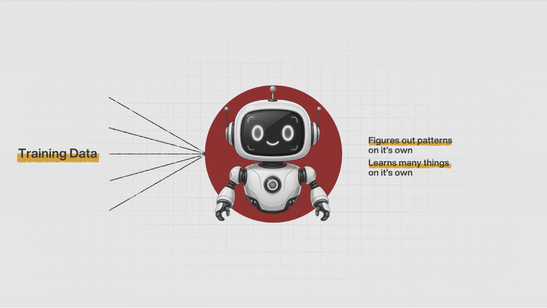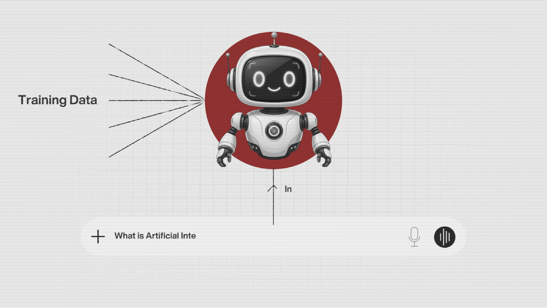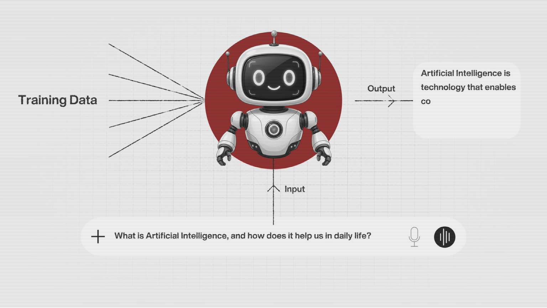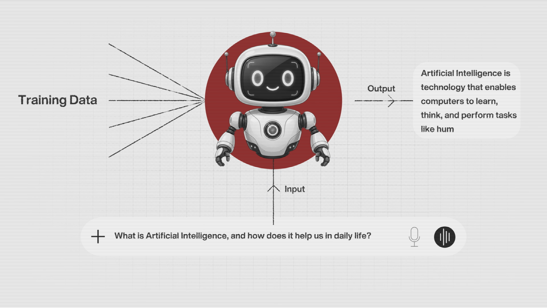And whenever you ask or give inputs to it, it will predict the output for your given inputs or questions and give the response or answers from the learning of training data, exactly similar to humans.